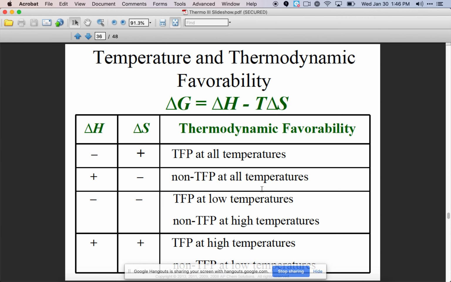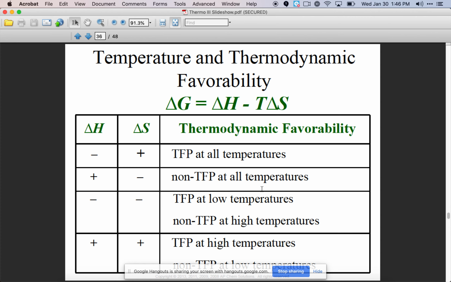Can we talk about what it means exactly when Gibbs free energy is positive? So when Gibbs free energy is positive, that means, and you're going to find in the next unit when we talk about electrochemistry, that we are going to have to do work in order to get the reaction to happen. We might have to add energy to the system to make it work.